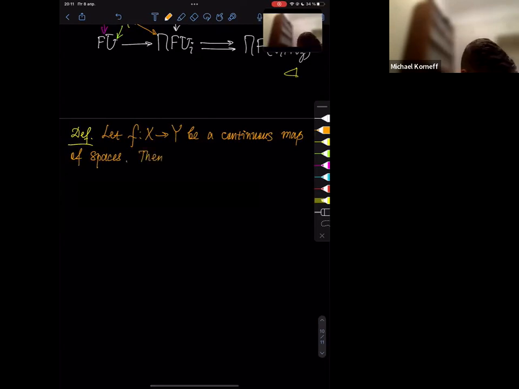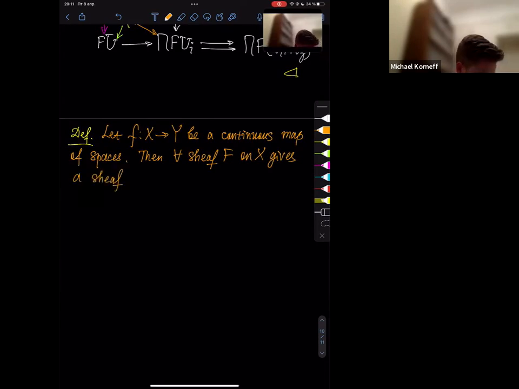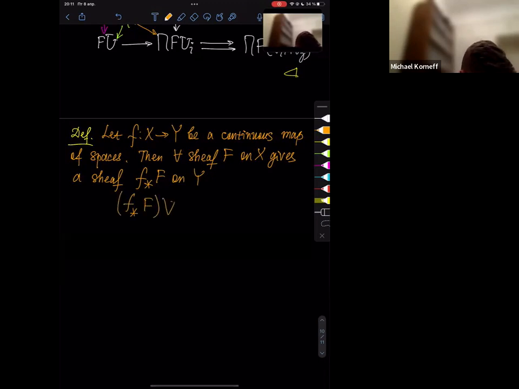Then any sheaf F on X gives a sheaf, which we denote as f star F, on Y, and by definition, this is F of the pre-image of V, for all V from this category.